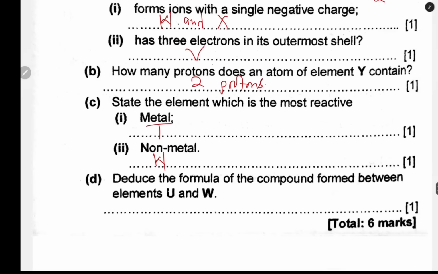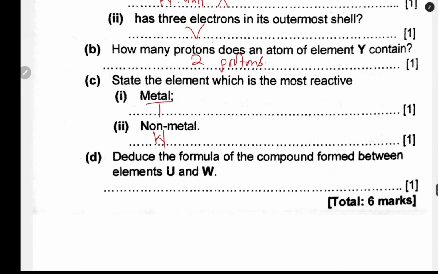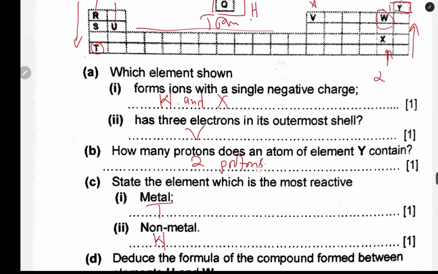So W. Deduce the formula of the compound formed between element U and W. Now to deduce is just to form, like the question that we've answered, just that this time around they've used the term deduce. So now, U reacts with W. We look at the valences. What is the valence of U?